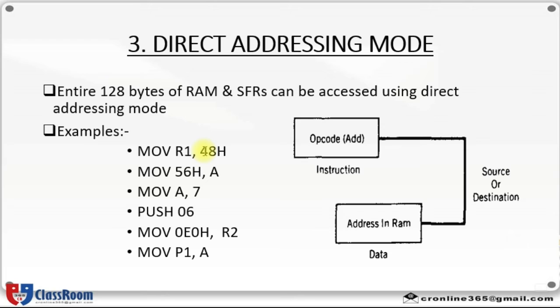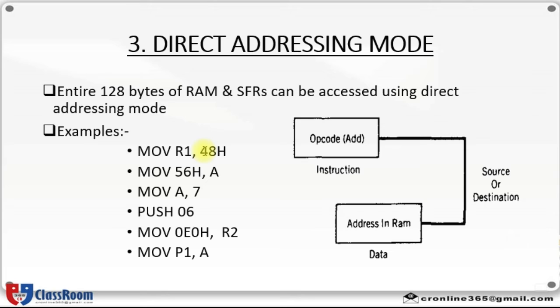So, save the content of RAM location 48H in register R1. That is the meaning of move R1, 48H. Then, move 56H, A. The accumulator will have some contents. Those contents are copied into RAM address location 56H.